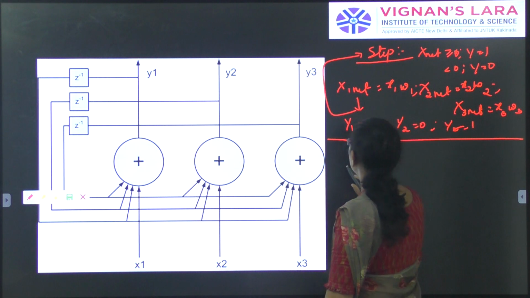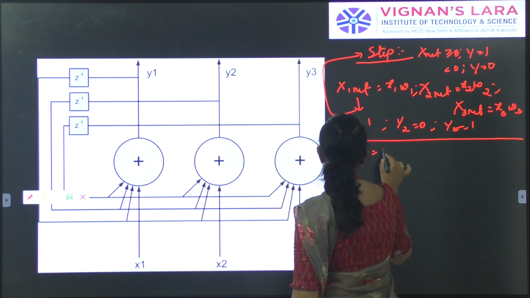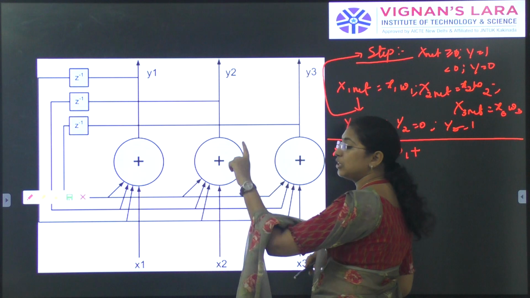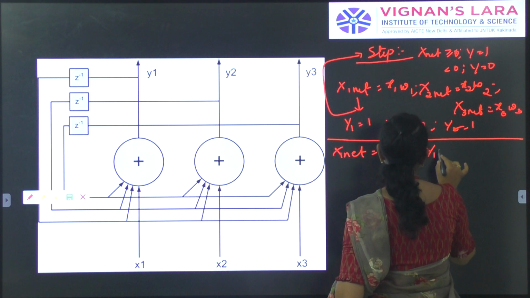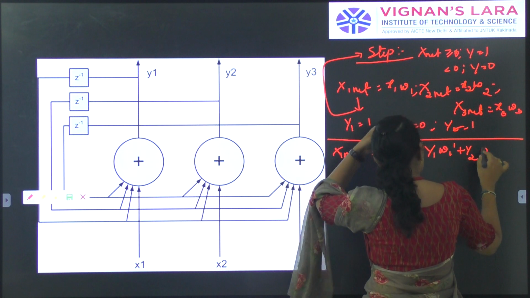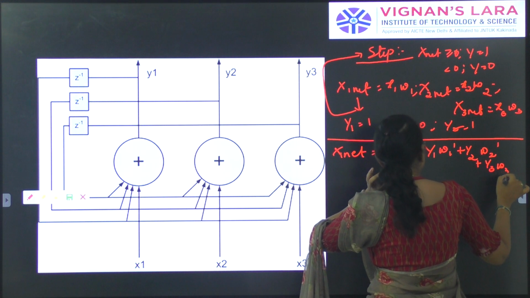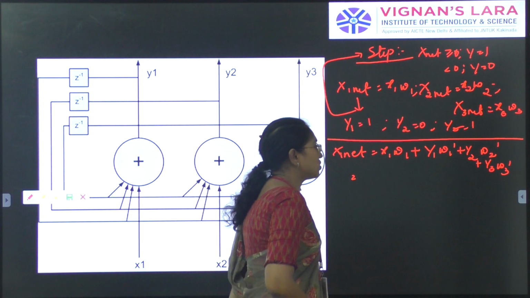So again, what is x1 net? You are getting x1 w1 plus y1 w1 dash, or you can write the expression y1 w1 dash plus y2 w2 dash plus y3 w3 dash. So what is x1 w1?